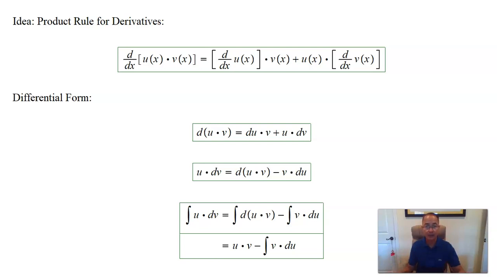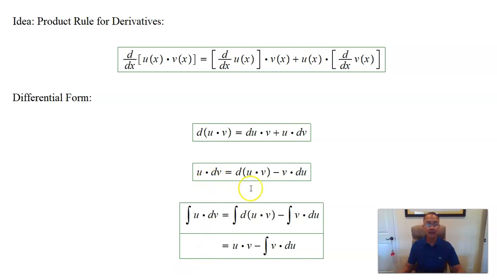We are going to move the du times v to the other side and essentially isolate u times dv. So u times dv is the differential of u times v minus v times the differential of u. We flip the factors when we move the du times v over to the other side. It's more naturally written as v times du.